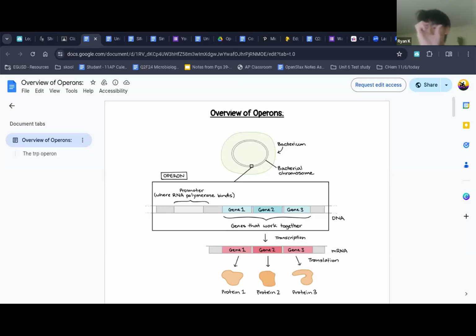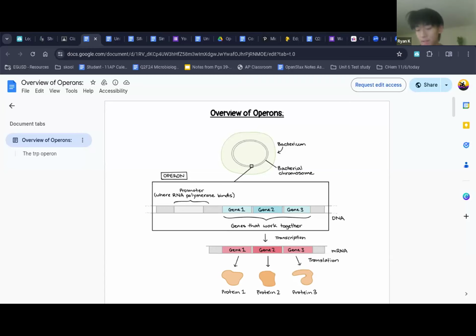The promoter and the activator bind together, because the promoter is basically where the RNA polymerase binds on the DNA. Let's see, open activity, central mechanics, blah blah blah. I'm just reading my notes right now. Okay.